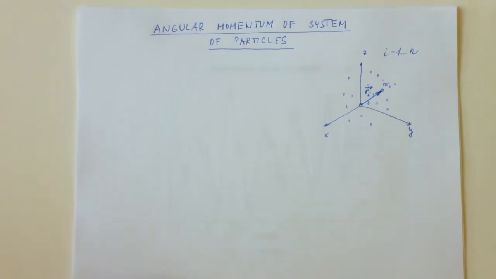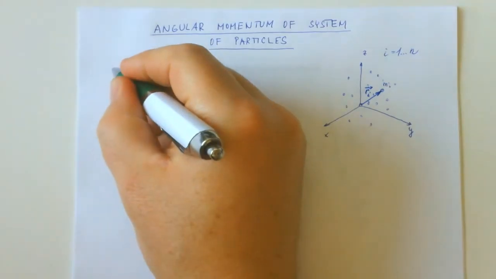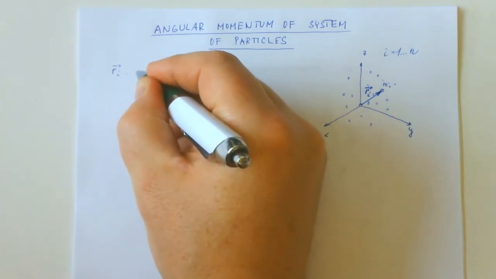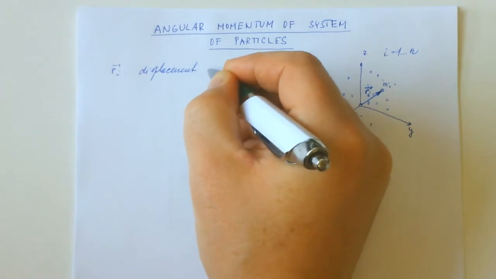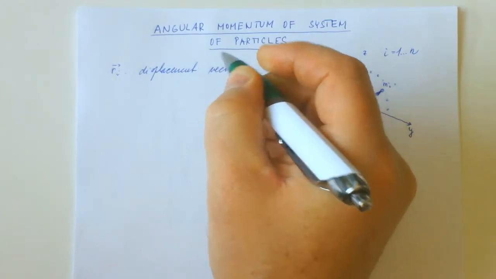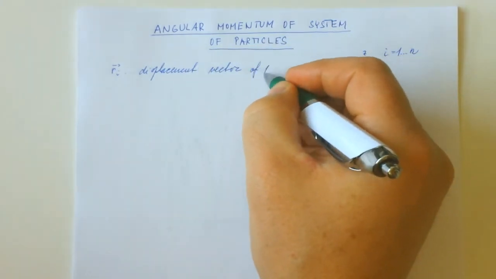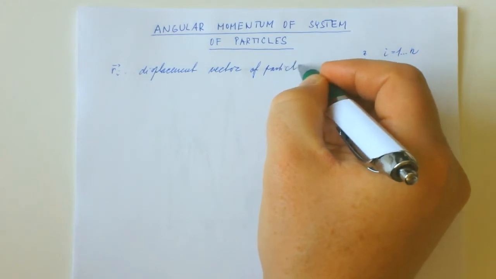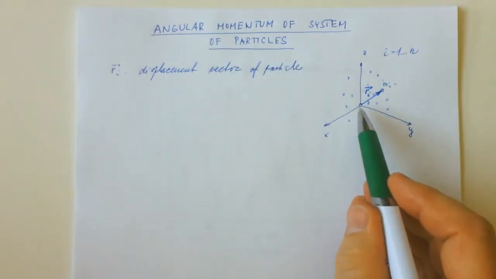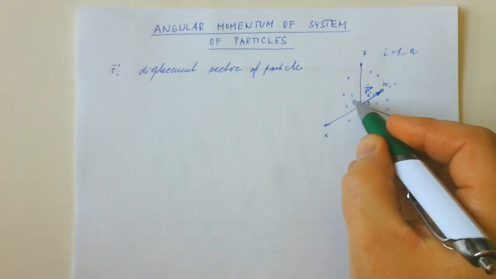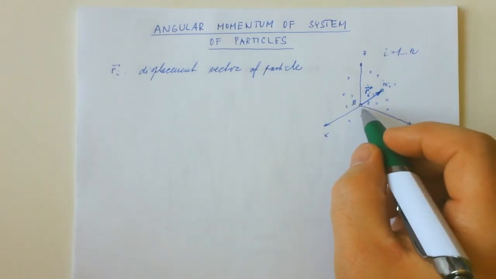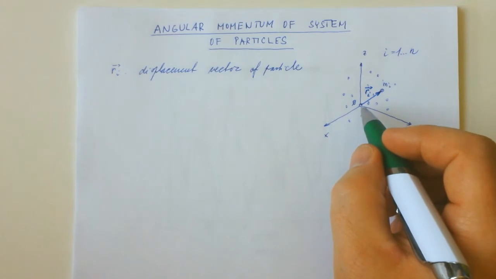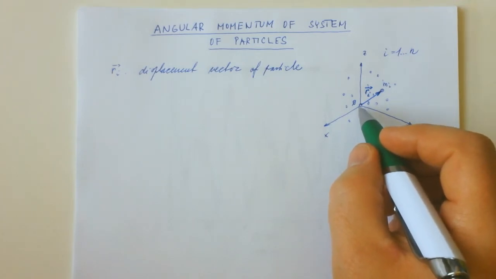So Ri is a displacement vector of the particle. This origin of the coordinate system we can consider as a reference point.